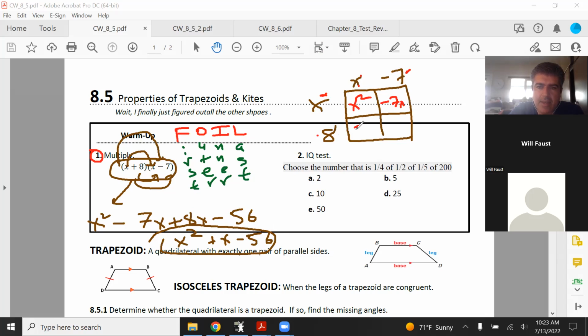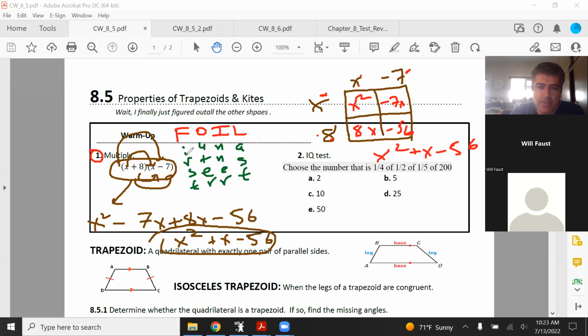X and 8 here to get 8x. And 8 and -7 get -56. The like terms are 8x and -7x. That combines. x squared and -56 are unlike anything else, so they just stay as they are. And you get the same thing. So that's what we may have to wind up doing down the road. Okay, just an algebra skill to review.